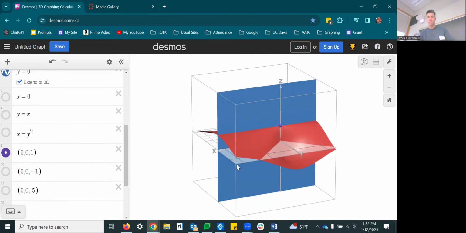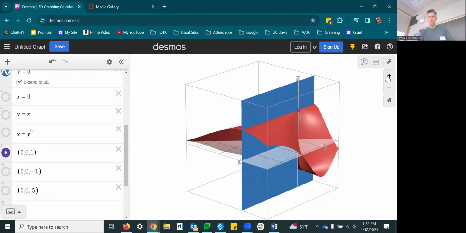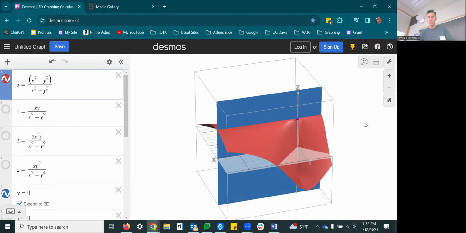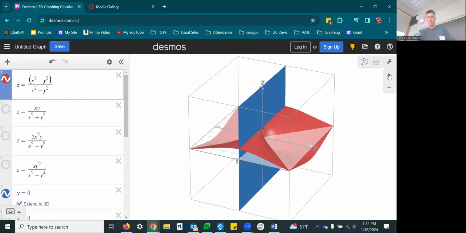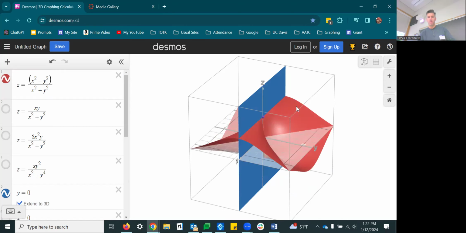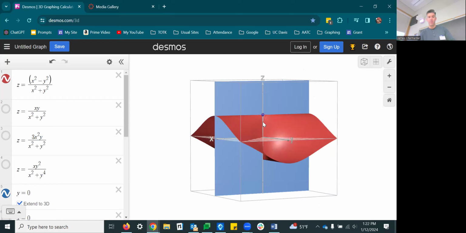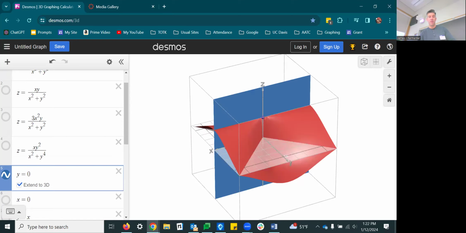Let me zoom in a bit. So along this path, along the curve, along the line and plane y equals 0, we're exactly just 1 the whole time.